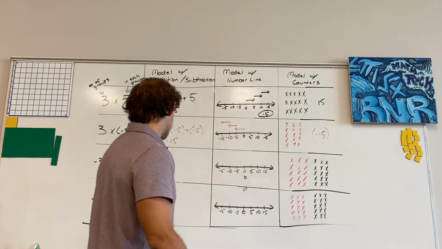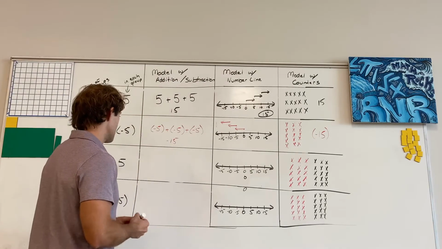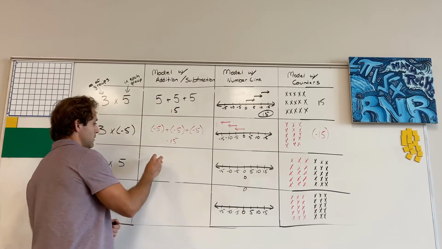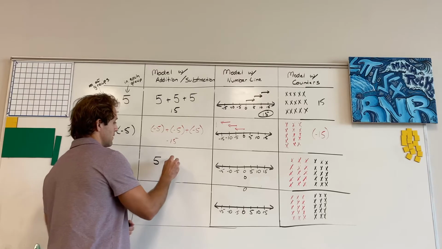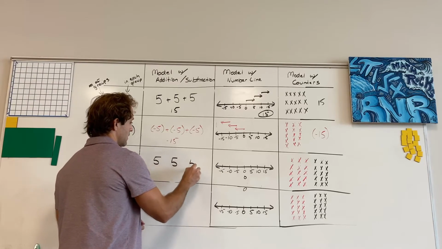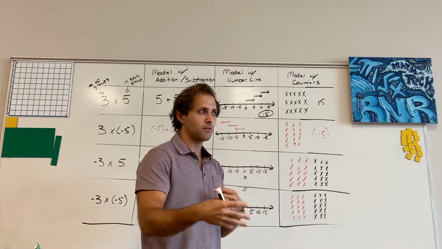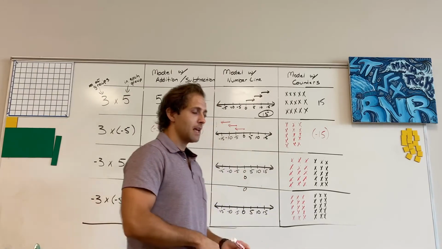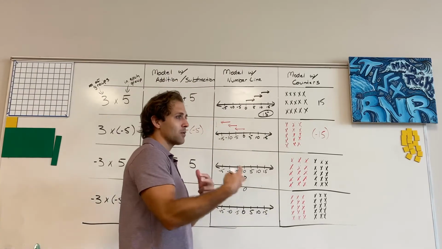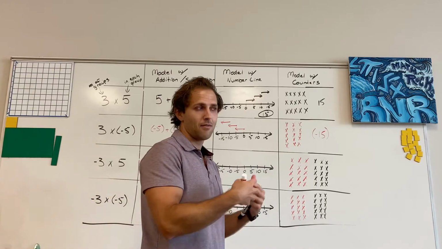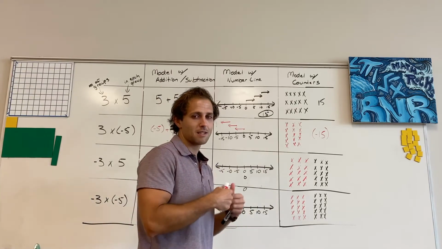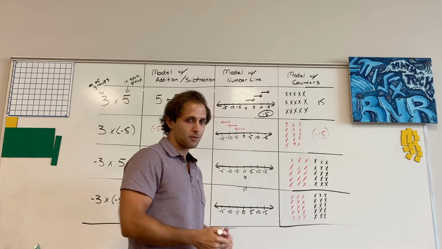Okay, so let's think. I have groups of 5. But I'm not adding them. Multiplying 3 times 5 would be to add 5 3 times. I want to take away 3 groups of 5. I have negative 3 groups of 5. It's as if I am removing 5 3 times.